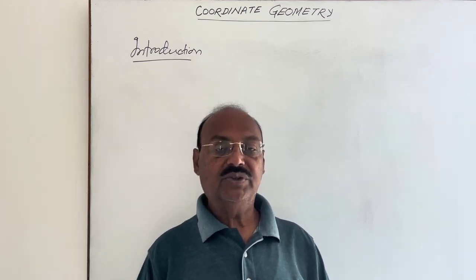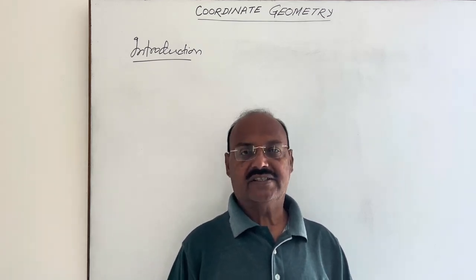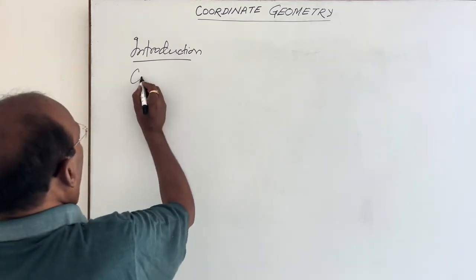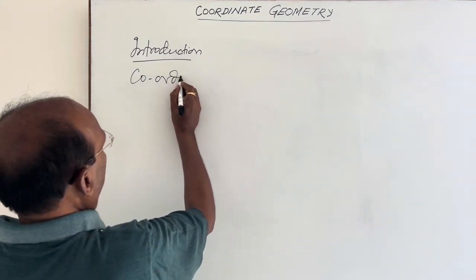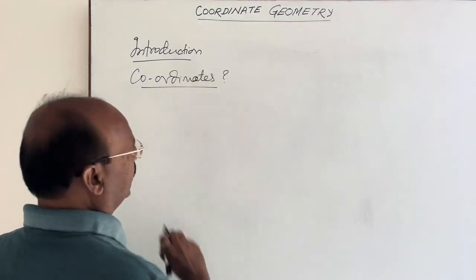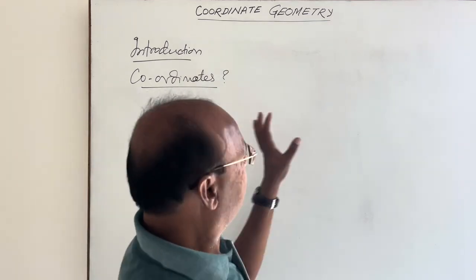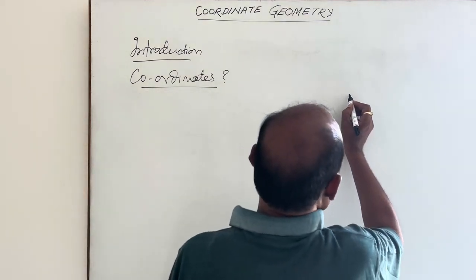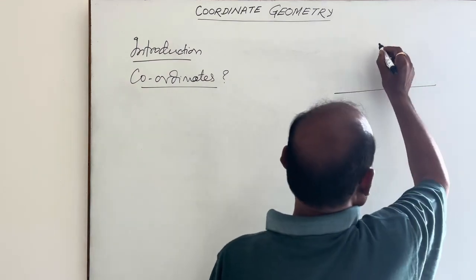This is important to note what are coordinates or coordinates of points. What are coordinates? Very important. Let's make it clear very easily. We are taking a horizontal line and a vertical line.